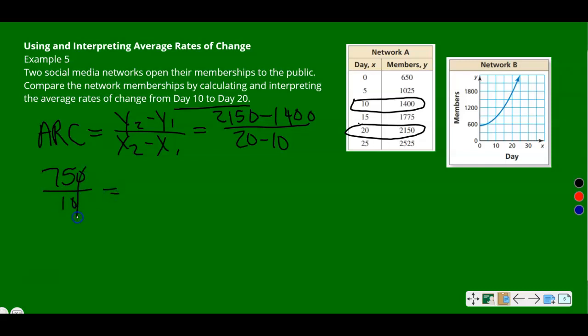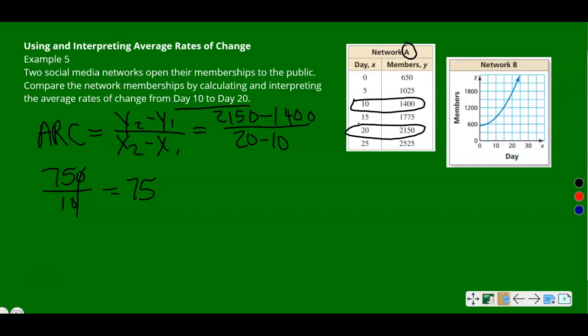And I can reduce that and I get 75. All right, so my average rate of change is 75 members per day for network A, because this is network A right here.